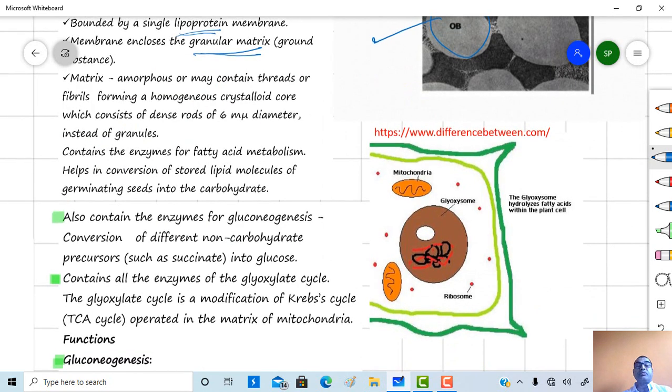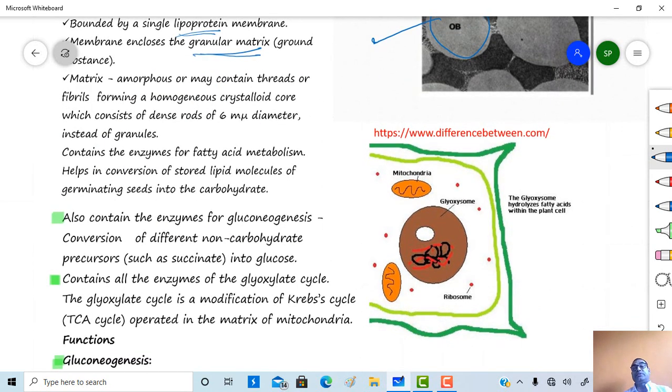The matrix is amorphous or may contain threads or fibrils forming a homogeneous crystalline core which consists of dense rods of 6 millimicron diameter instead of granules.